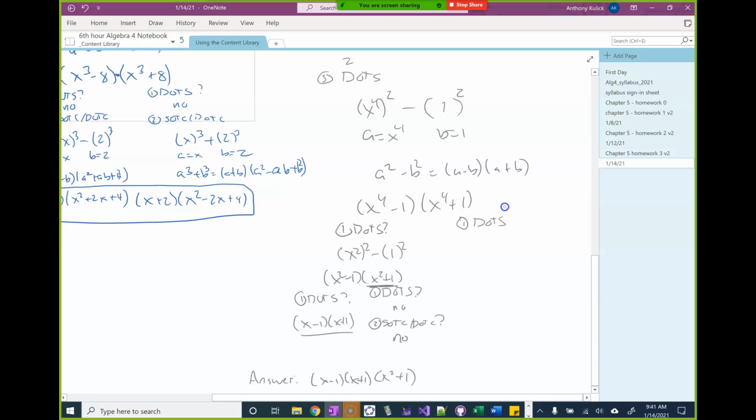It's x to the 4th plus 1 is what we're looking at. Is that a difference of two squares, though? No. Why not? Because it's addition.